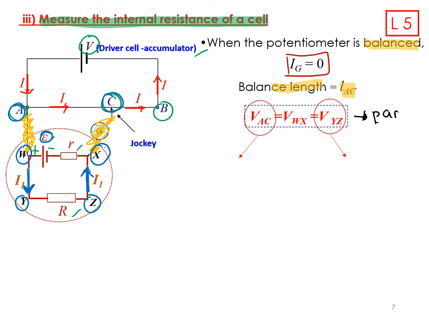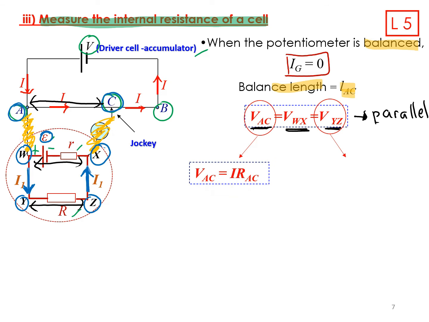So once all the connections are in parallel, VAC, the potential difference across wire AC, equals the potential difference across WX, this one is equal to this one, and also equals the potential difference YZ at the lower one, because it is in parallel.